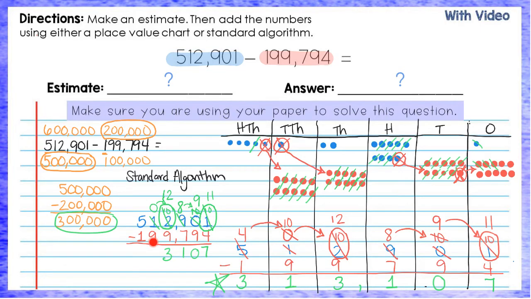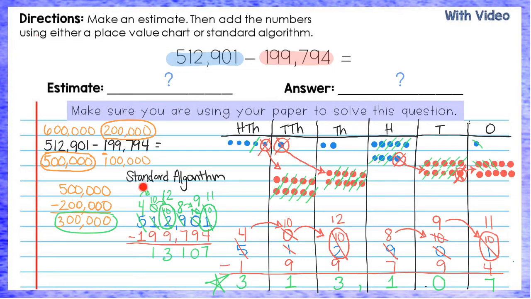0 minus 9, can we do that? Nope. We have to regroup from the 100,000s. We're going to use one of those. Now we only have 400,000s. And give 10 10,000s. And that gives us 10 minus 9 is 1.